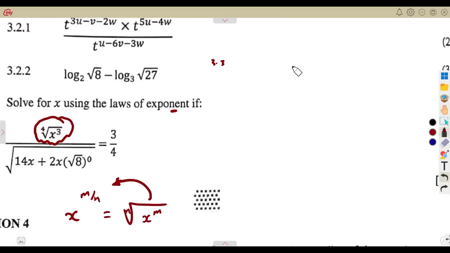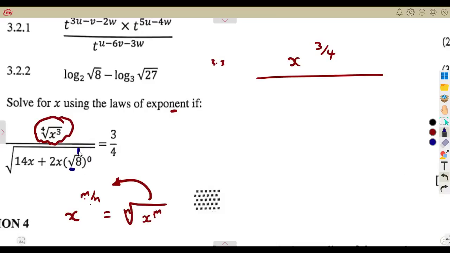So this will be x to the exponent m over n, so that is 3 over 4. Everything over what? Let's say there we've got the square root. But inside this square root, we can see that there is an exponent of 0 there. So the square root of 8 raised to the exponent of 0 is 1.